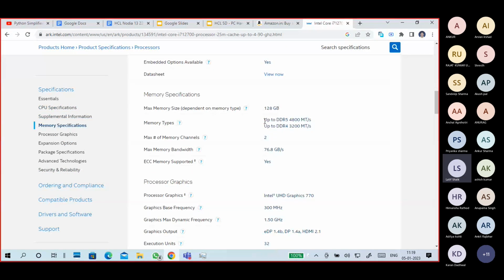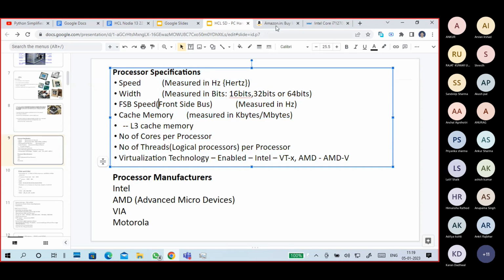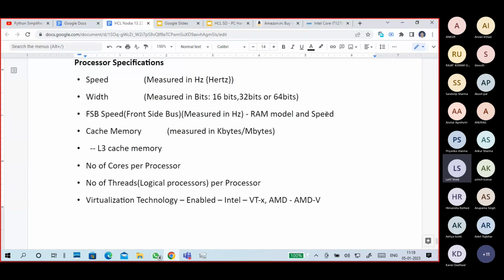This is FSB. FSB means front side bus. So if you want, the RAM must be equivalent to the FSB speed. Okay, FSB speed, so that's why I have written it. So it is compulsory to know what type of RAM support is there and what the speed of the RAM is.